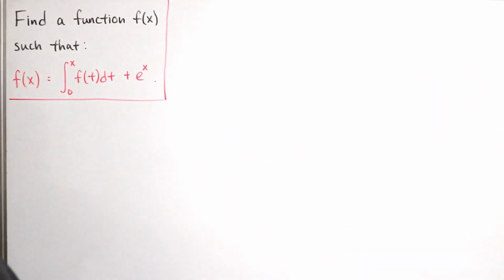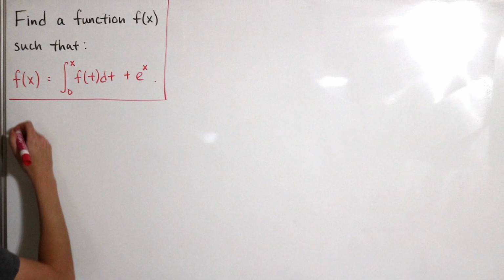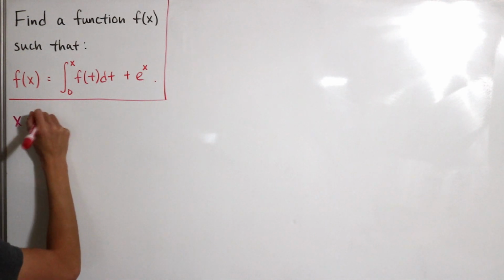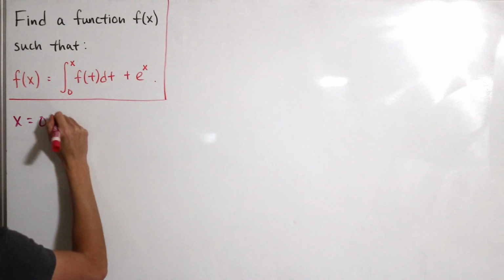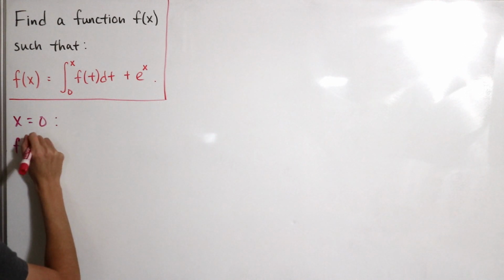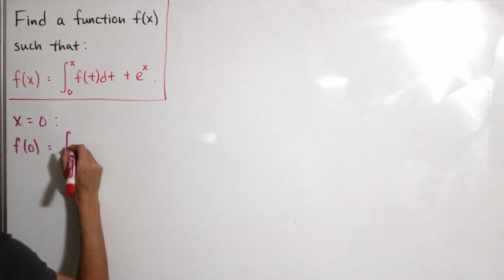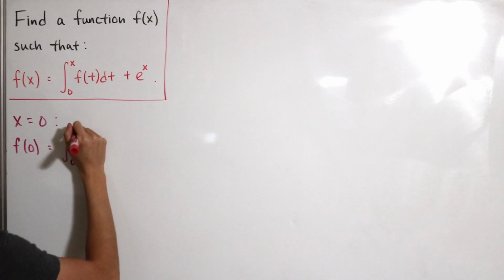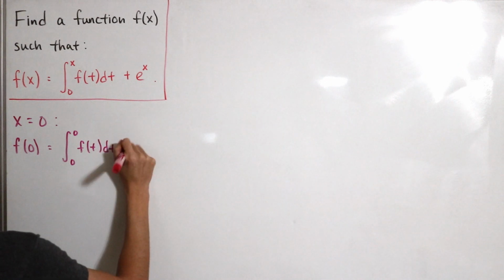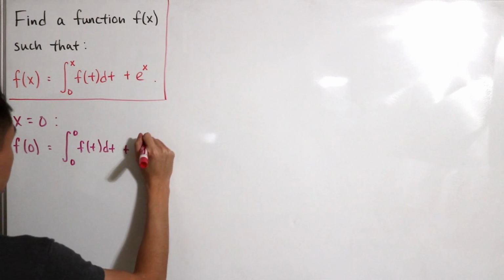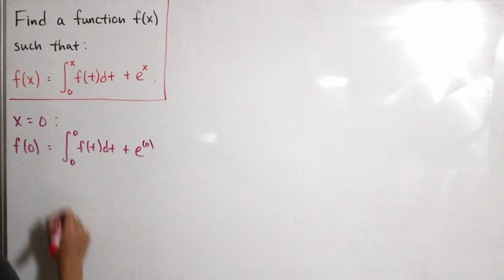So if we do some trivial check, let's say we let x equals 0, right? If we plug this in, then we would have that f of 0 is equal to the integral from 0 to 0 of f of t dt, then add this with e to the power 0.